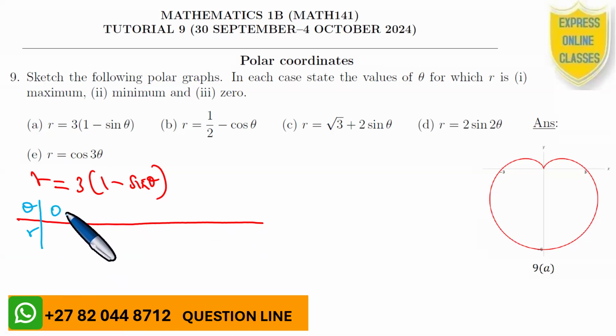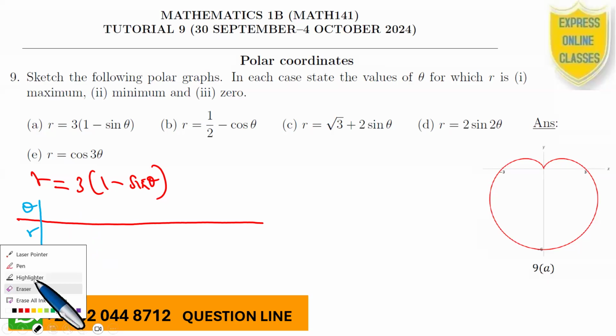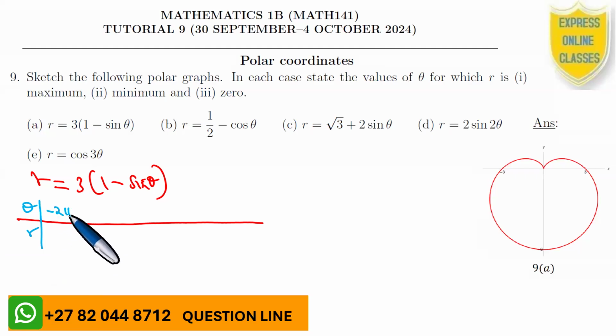Let's start with r equals 0. But it's not just that the angle theta equals 0 that we start with, you can have some negatives also. Let us start with negative 2 pi. The sine of negative 2 pi is 0, giving us radius 3.